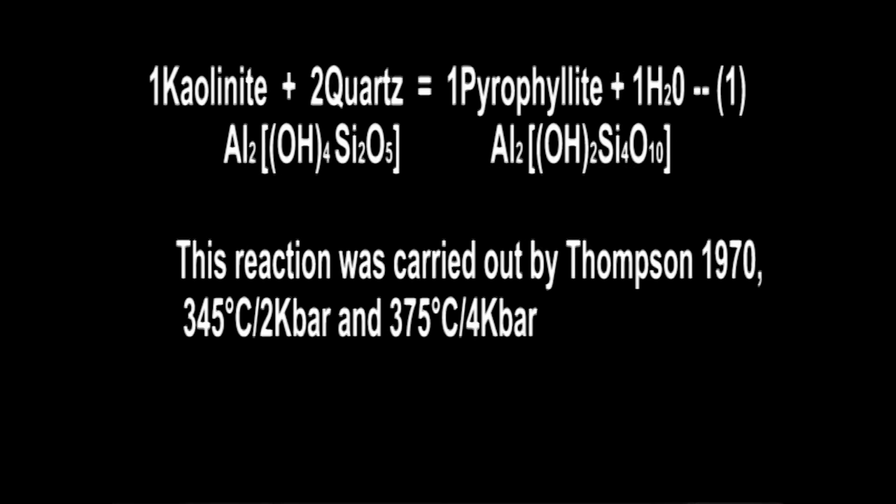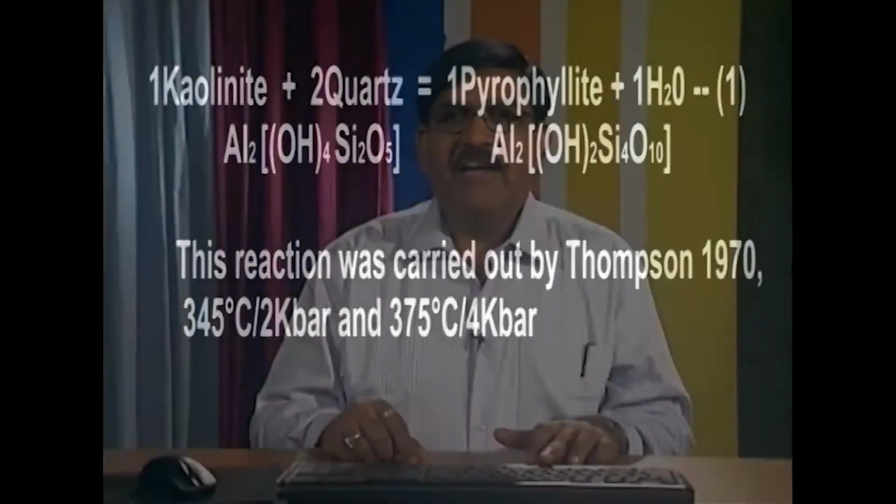This reaction was carried out by Thomson in 1970 at 345 degree centigrade 2 kilobar and 375 degree centigrade 4 kilobar. A certain rise in temperature has no effect on the stability of pyrophyllite, but strongly before the beginning of the hornblende Hornfels facies, the following reaction takes place.